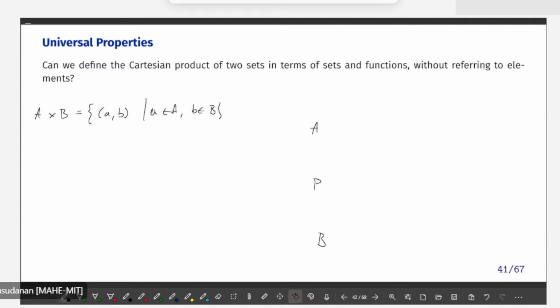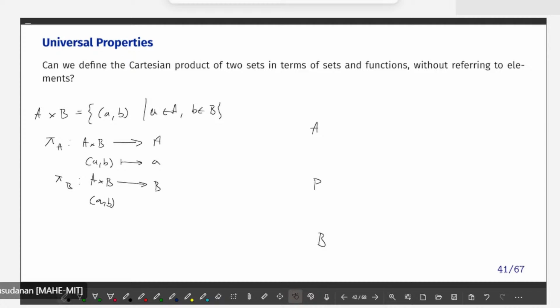Firstly, by looking at the definition, there are two projection maps, say pi 1 and pi 2, or pi A and pi B, which project onto the first and second component respectively.